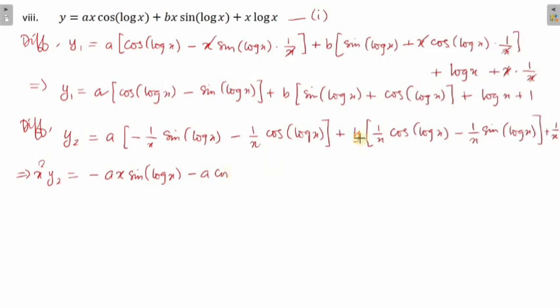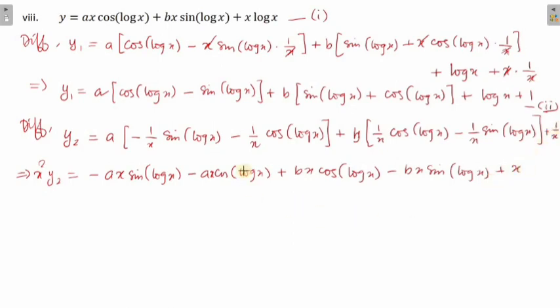Okay, by the way, call this equation number 2, I have not written. So this becomes ax cos log x, plus this becomes bx cos log x, minus this becomes bx sine log x, plus this becomes 1 by x into x squared, which is just x.